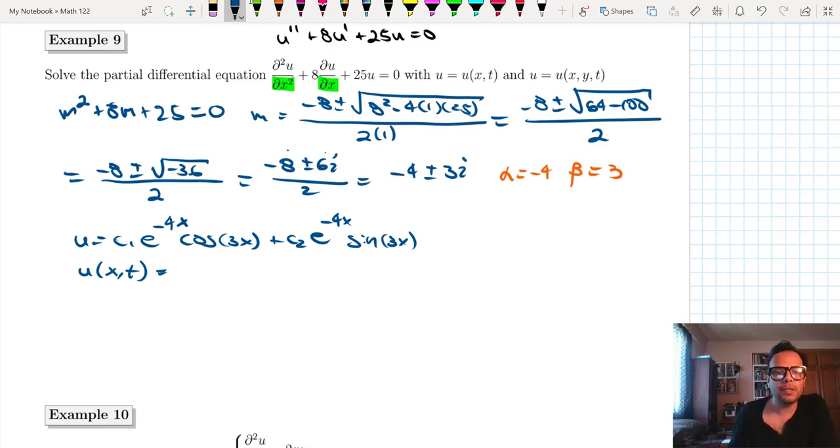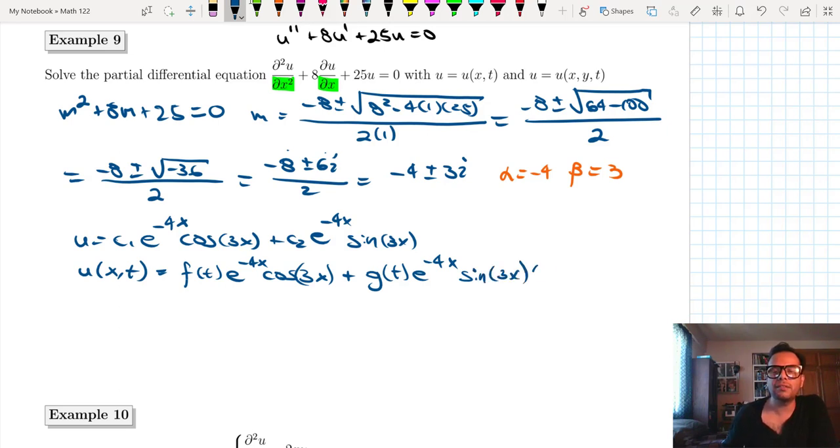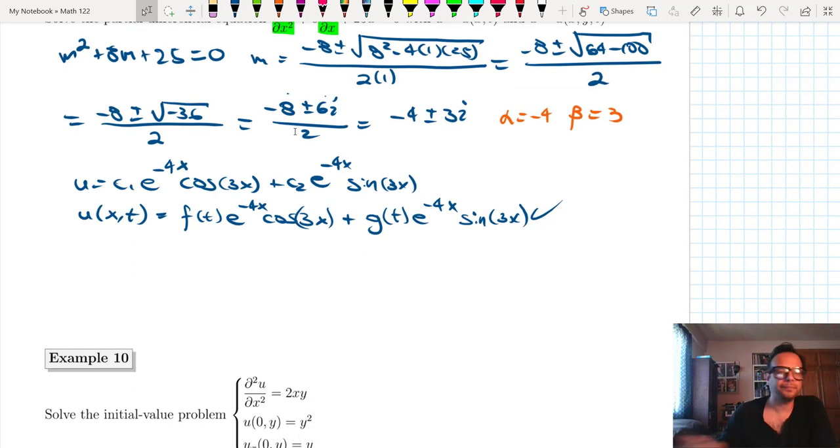So this c1 will become some f of t, e to the negative 4x cosine 3x, plus c2, which is going to be another function, call it g of t, e to the negative 4x sine of 3x. So that's the solution to the partial differential equation. You might want to try it, applying the two derivatives.